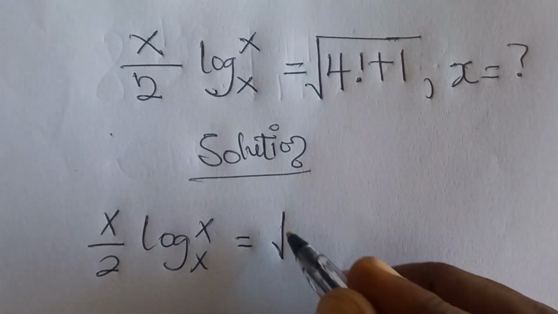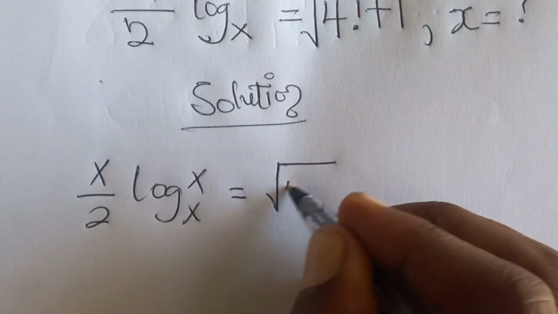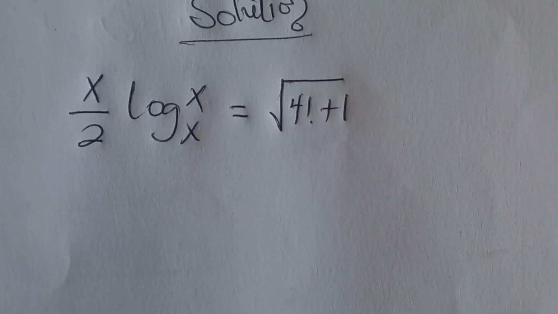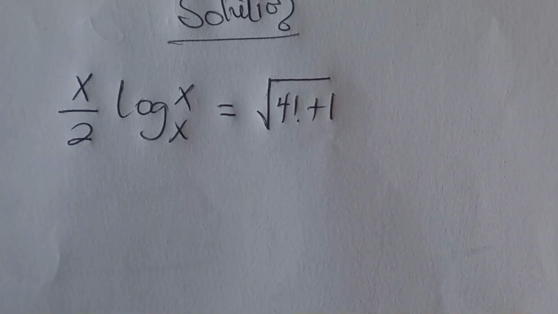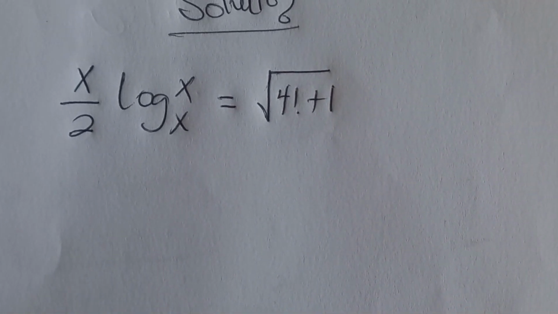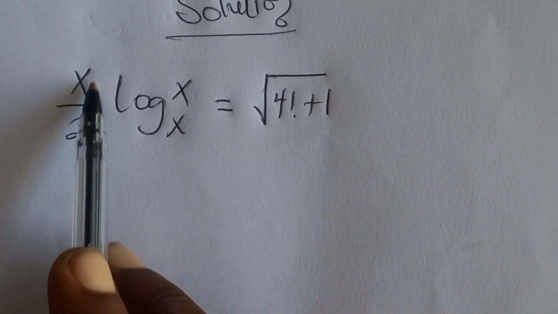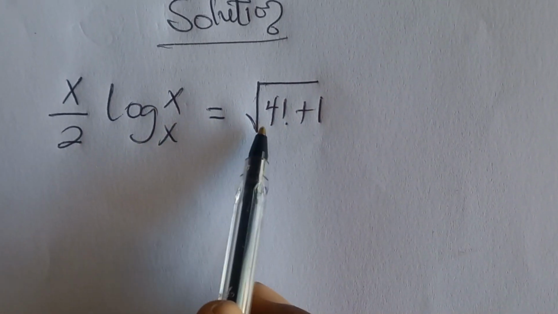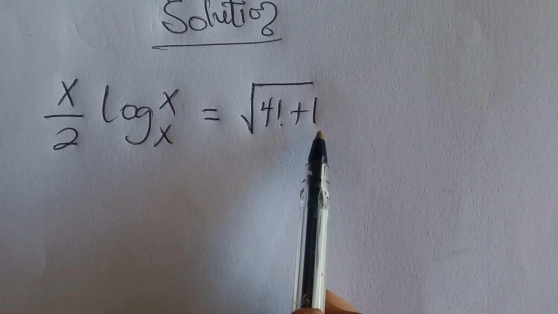So today we are looking at this Olympiad math problem, and we are supposed to solve for x. In this case, we have x over 2 to the power of log base x of s is equal to root 4 factorial plus 1.